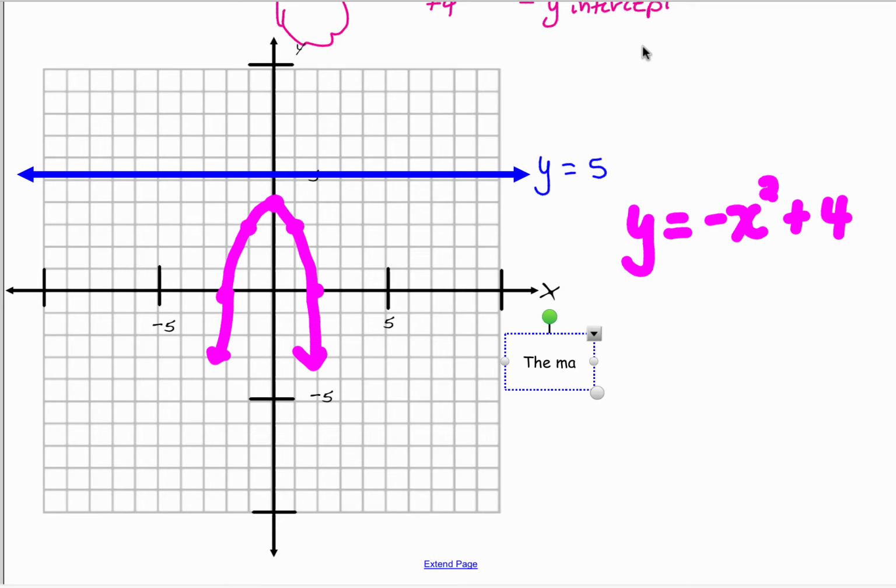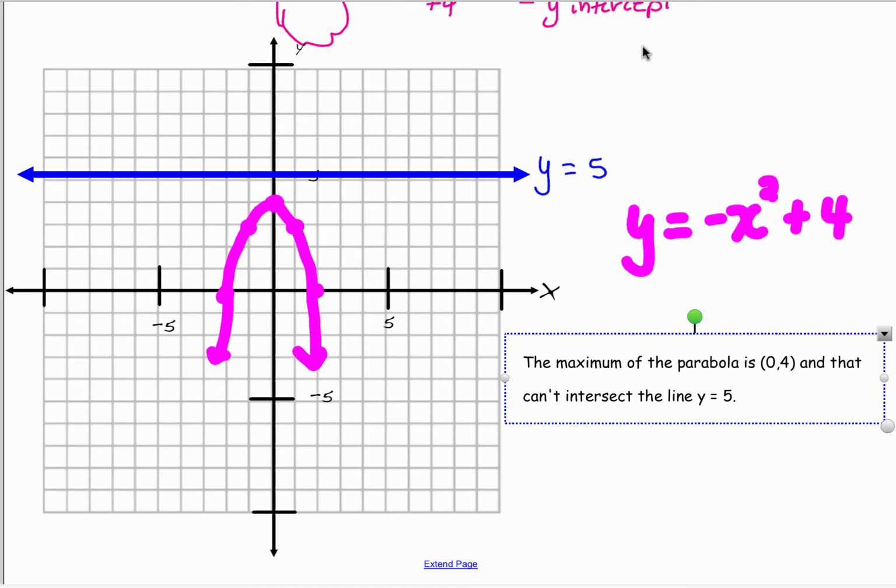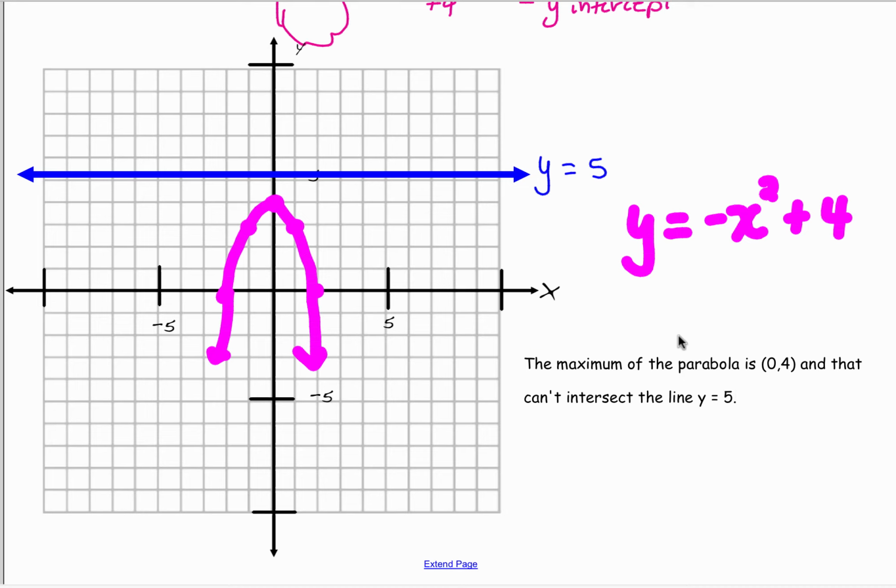The maximum, yep, let's use some words we learned, of the parabola is 0, 4, and that can't intersect the line y equals 5. There. Simple as that. We explained.